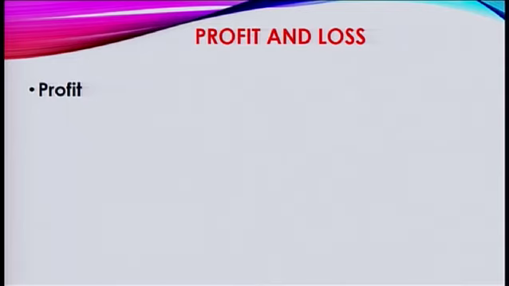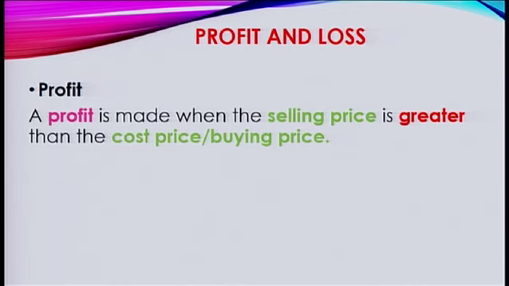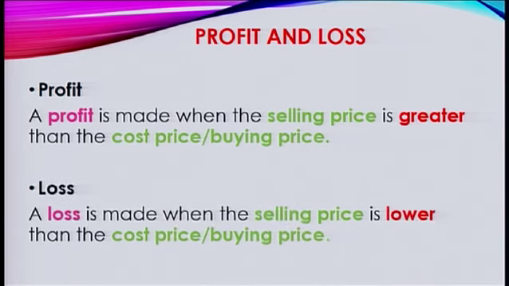Now, profit. What do we mean by a profit? A profit is made when the selling price is greater than the cost price, or what you call the buying price. You've done that since primary years. A loss is made when the selling price is lower than the cost price or the buying price.